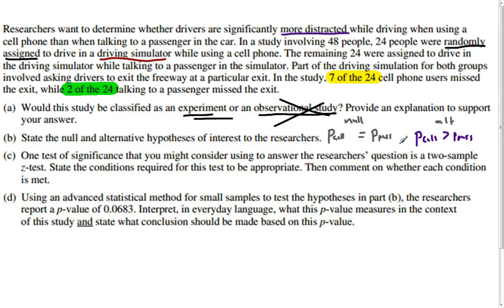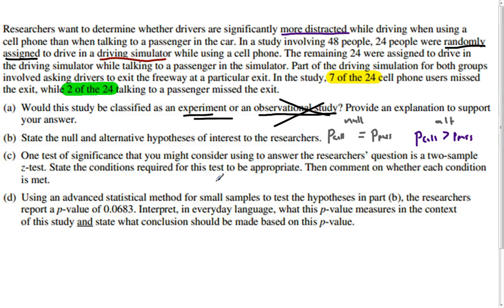One, you can look at the experimental conditions, in that you have 48 people, and half of them are randomly assigned to one treatment, and the other half are randomly assigned to another. Otherwise, it seems like the drivers would be equivalent in each situation. So that seems like a very valid experimental design.